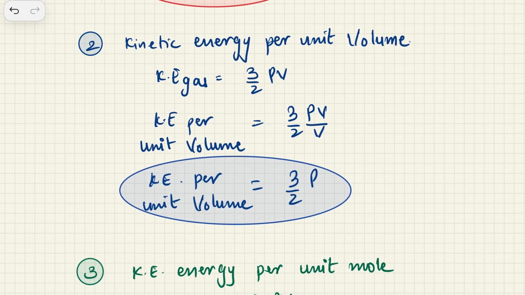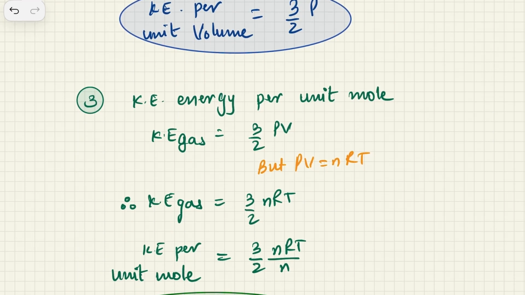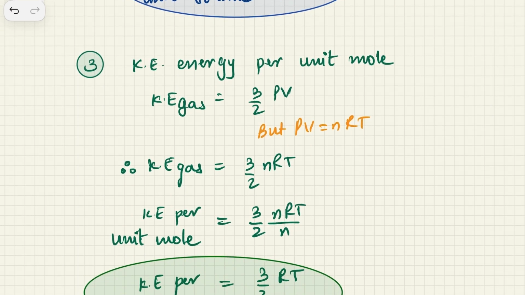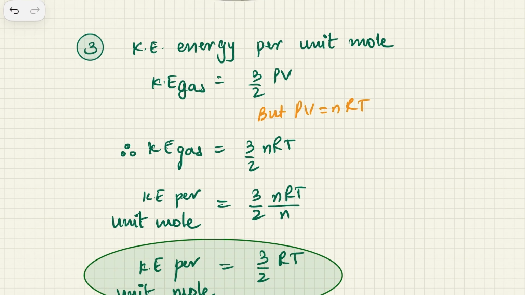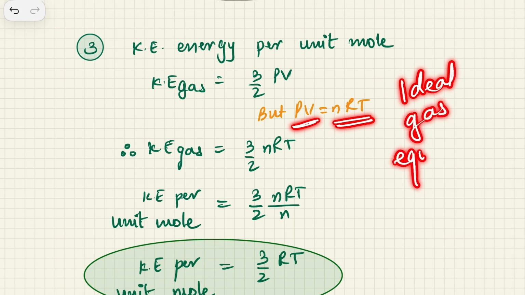Okay. Now the third form of kinetic energy is kinetic energy per unit mole. If I wish to find out kinetic energy per unit mole, then kinetic energy of a gas is 3 by 2 PV, which we have just derived in the first part. I'll just replace PV with nRT. This is our ideal gas equation.